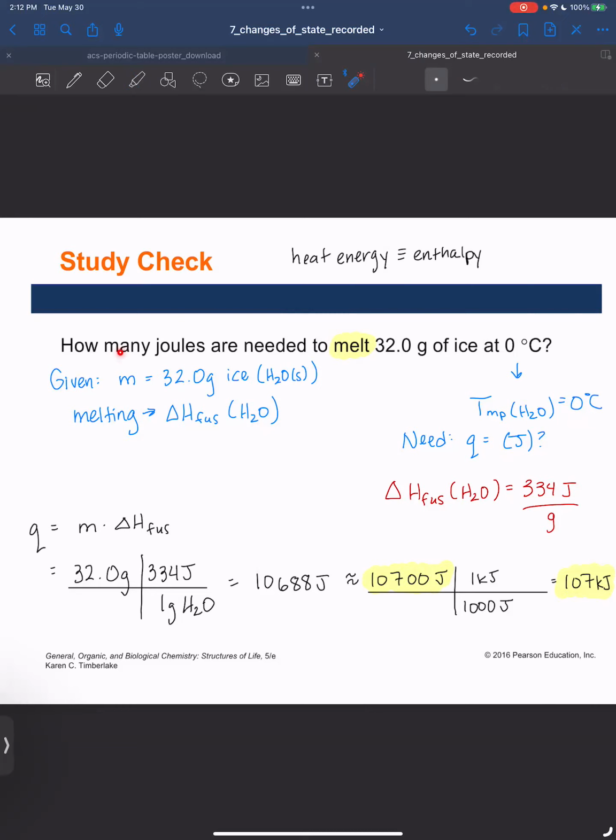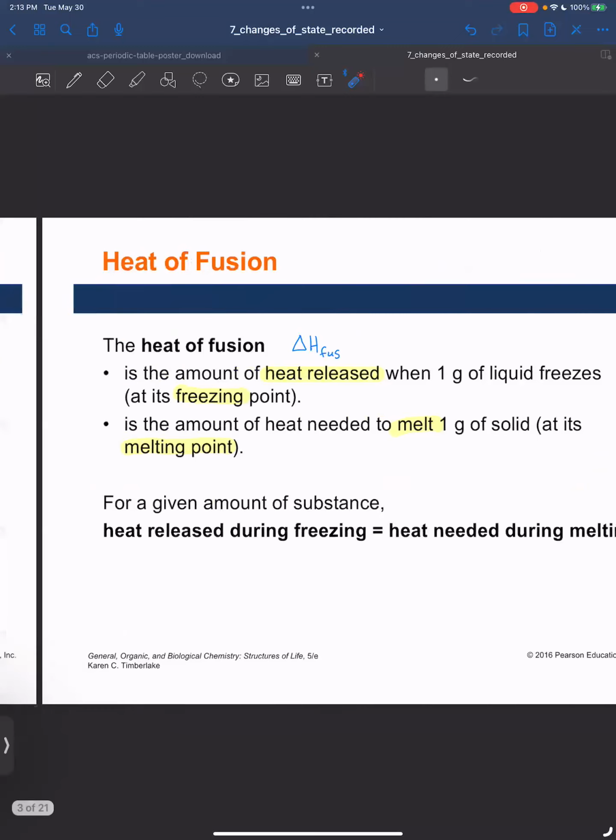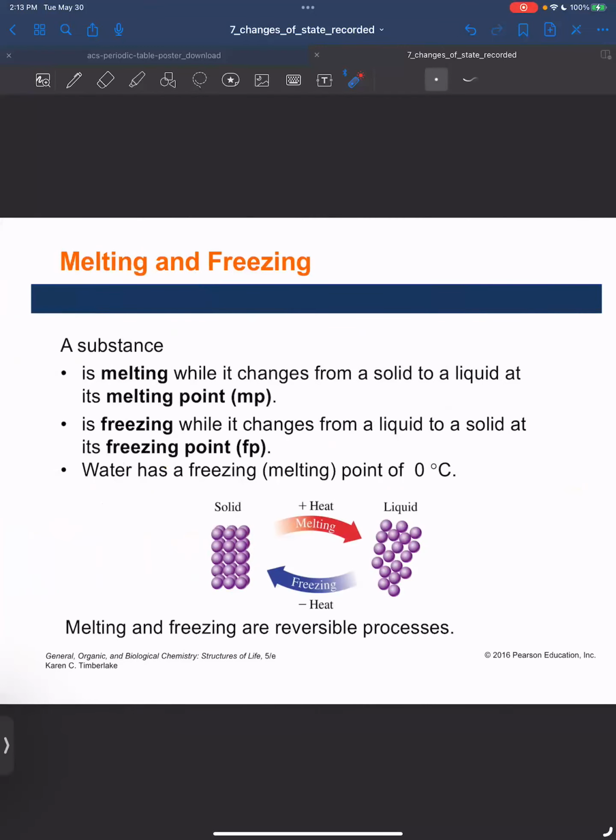If you did this question again, and you asked how many joules of energy are needed to be released in order to freeze 32 grams of liquid water into ice, you would end up with the same number. Because remember, freezing and melting are reversible processes. All that changes between freezing and melting is how the heat energy is transferred.